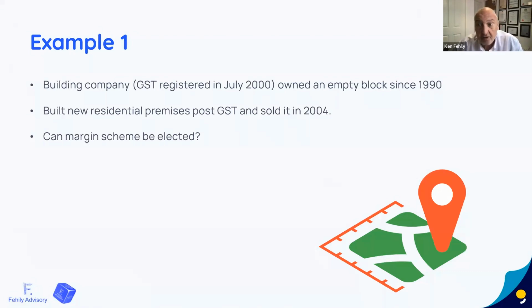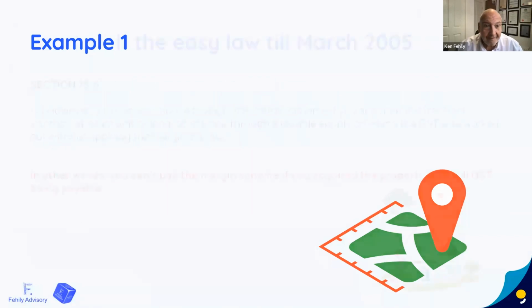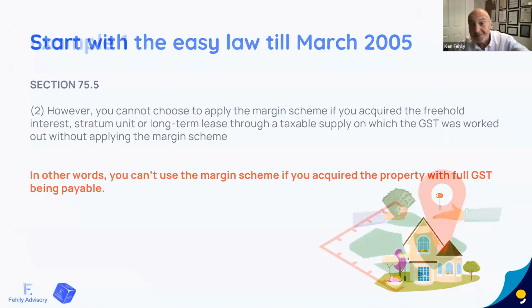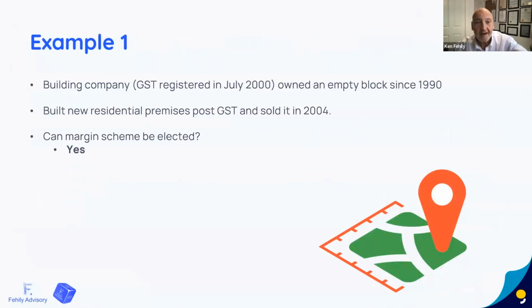It couldn't have been bought as a taxable supply without using the margin scheme, because it was before GST came in. That means the answer is yes, because they didn't buy it through a taxable supply on which the GST was worked out without applying the margin scheme. It was bought in 1990, so it wasn't a taxable supply. Answer simple. How about example 2?